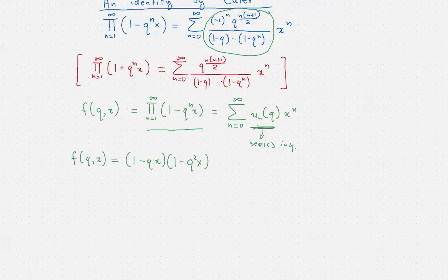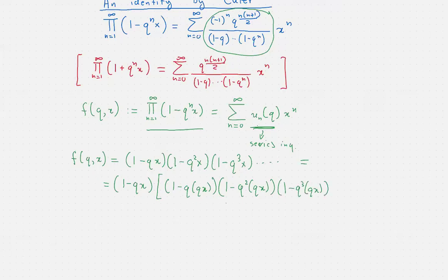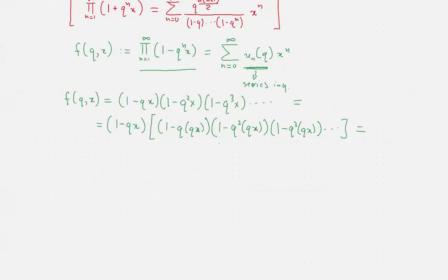Basically what I'm going to argue here is that we can separate the first term, and then we can view everything else as 1 minus q times qx times 1 minus q squared times qx, 1 minus q cubed times qx, and so on, which of course implies that what we have here in the bracket is pretty much the same function, where x is replaced by qx.